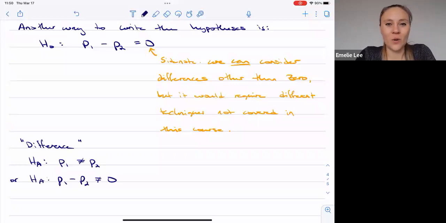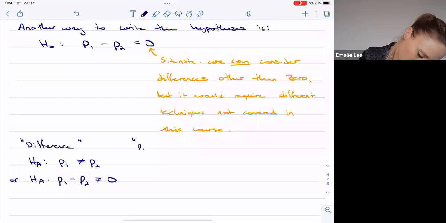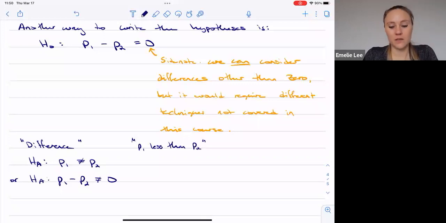What if I want to know if P1 is less than P2? That's why I prefer this method of writing out my alternative hypothesis, because then I can just translate that into an inequality.